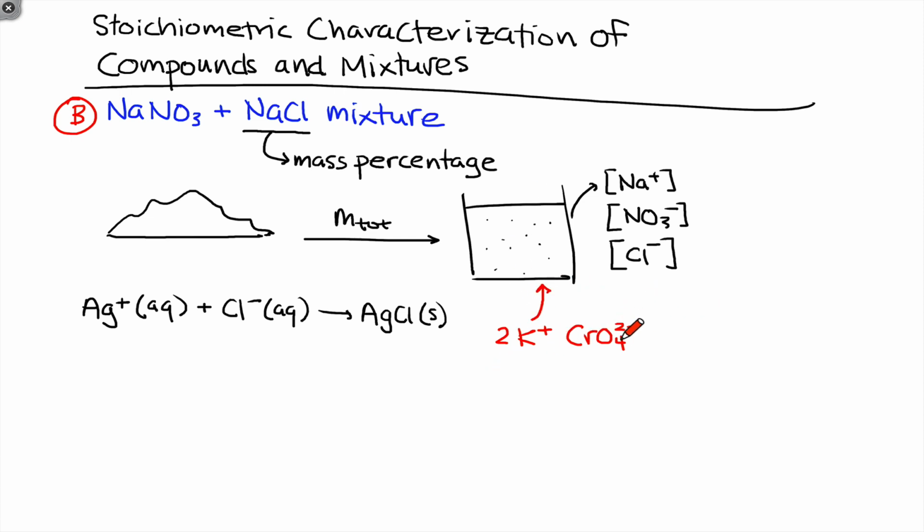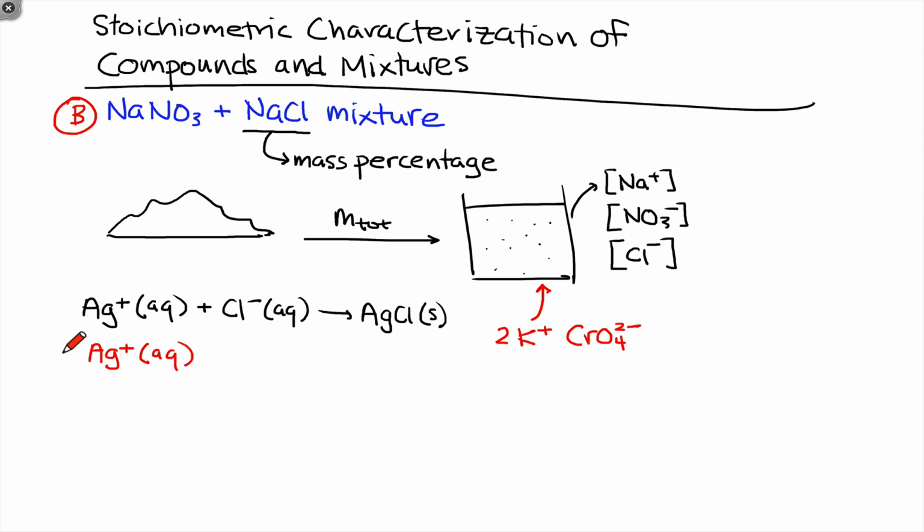The reason we need to do this is so that we can tell exactly when excess silver has been added. At the moment we've added just enough silver to consume all the chloride, the next drop of silver solution that we add is going to form a new insoluble precipitate with a different color.